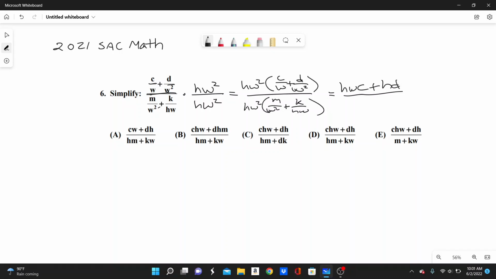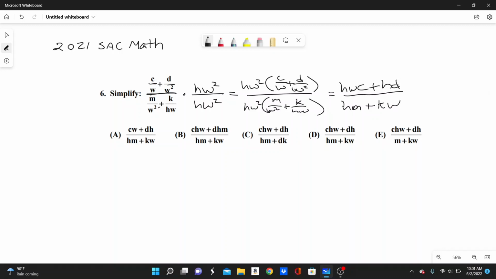Then here on the bottom, we have hw squared times m over w squared. So our w squareds will cancel, and we're left with just hm. And then lastly, we have hw squared times k over hw. So an hw will cancel, and we'll just be left with w times k, which is kw.